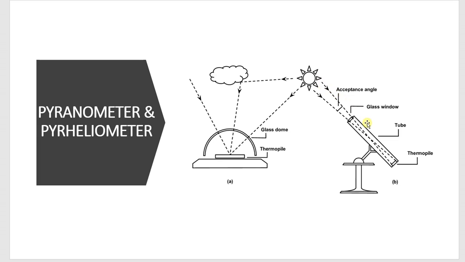But in the case of the heliometer, only light coming in a particular direction can enter through this opening, and that radiation alone produces the corresponding current in the thermopile. So radiation in specific directions can be measured using the heliometer.